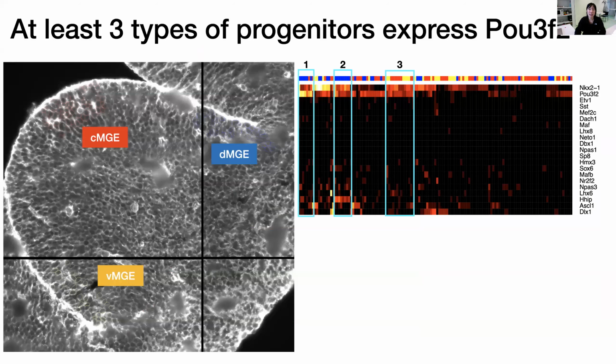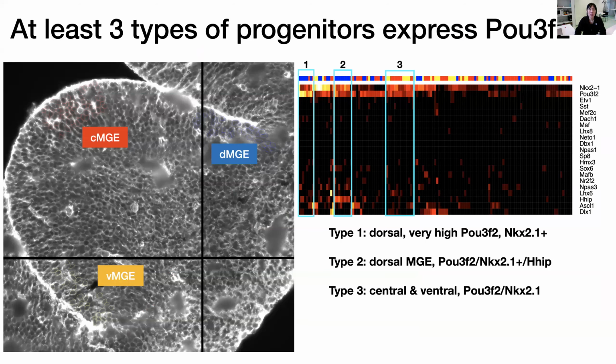Now, I'll show you some preliminary data with just a trial set of genes that mark different populations of progenitors. These are mainly transcription factors. And what you can see very clearly is that in the dorsal MGE, we can actually identify three different types of progenitors: one in the dorsal region, one in the ventral region, and two in the dorsal region, in fact, that express high levels of POU, one of them also co-expressing Hip.